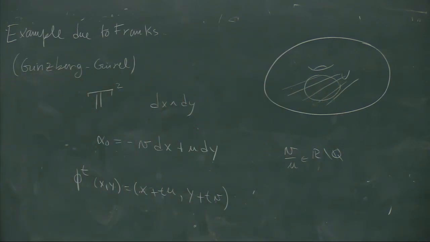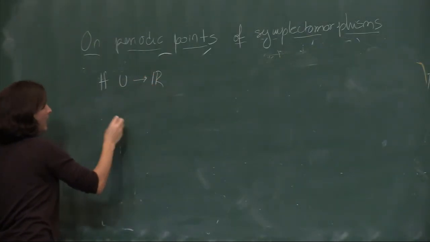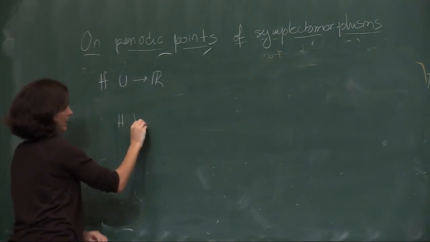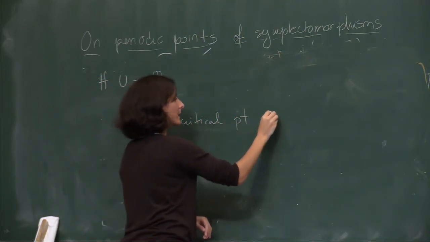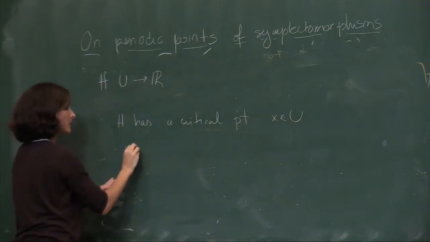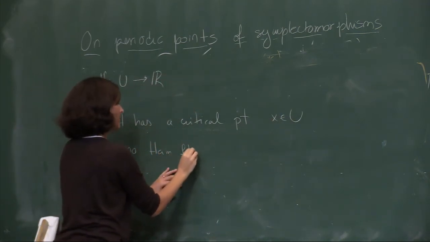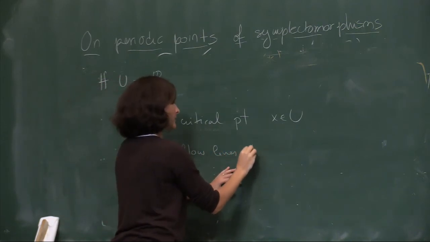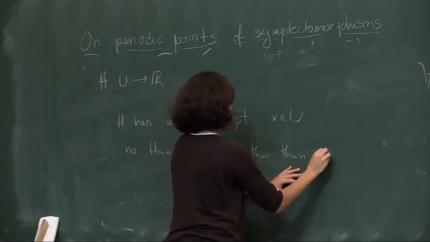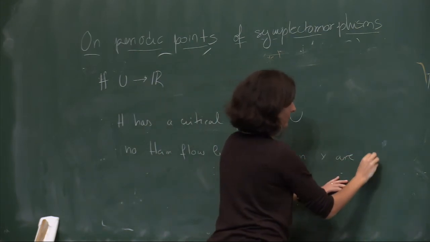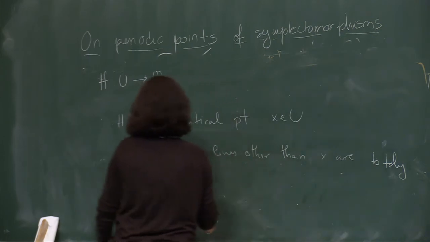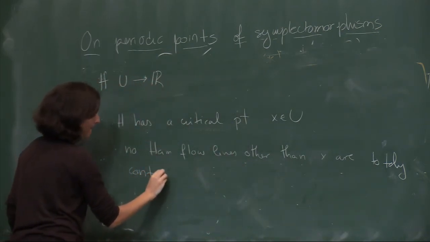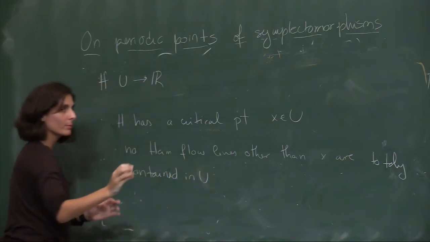So let me write it down. Consider H defined in U such that H has a critical point X in U, no Hamiltonian flow lines other than X are totally contained in U. I'll show you the picture in a moment.